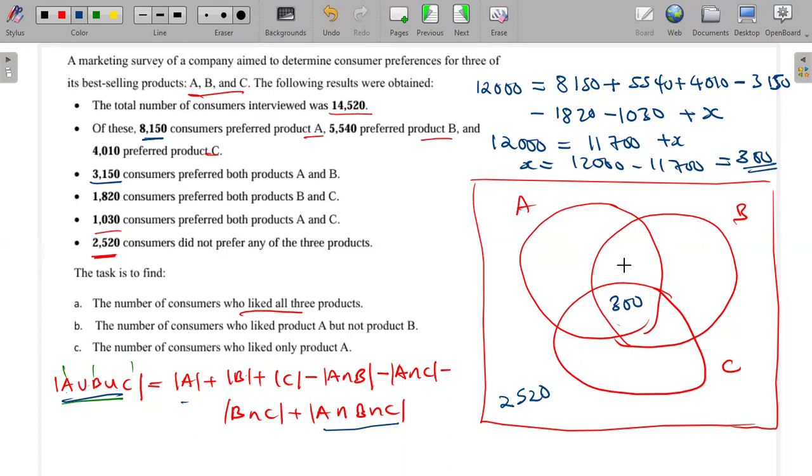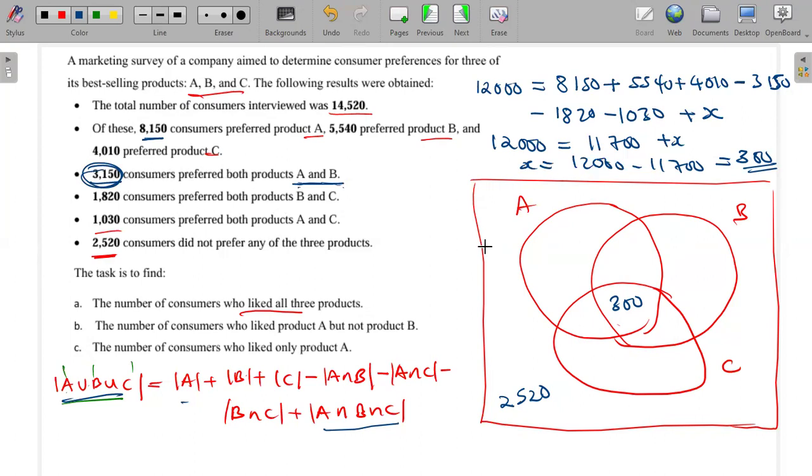And then next, it's very good to fill up your Venn diagram. So to fill up this Venn diagram, what am I going to get? So here, I move step by step. I look at those that fall in the intersection of liking both A and B. They're telling me that they are a total of 3,150.